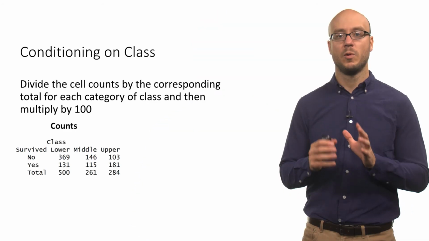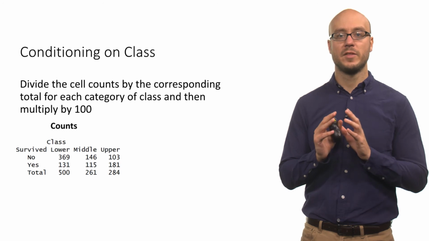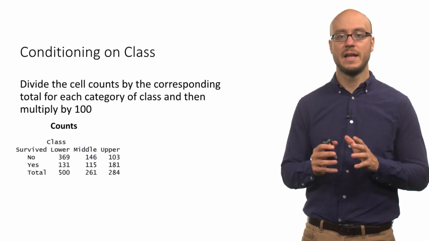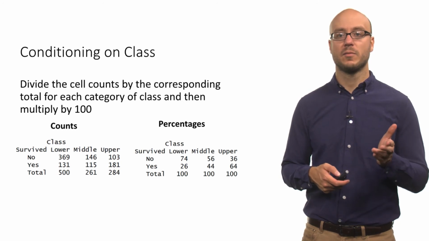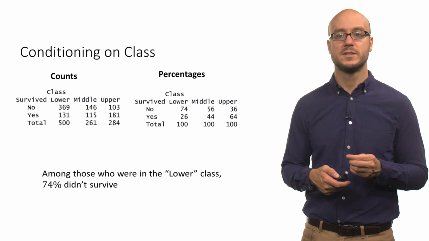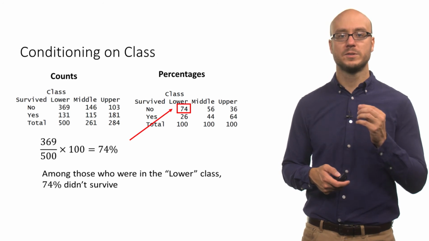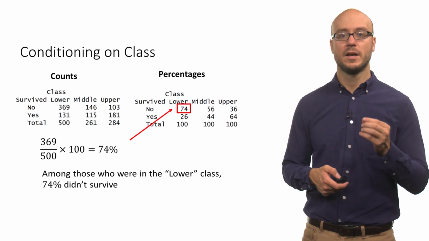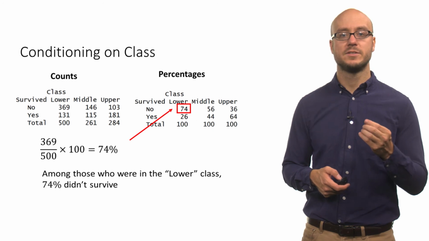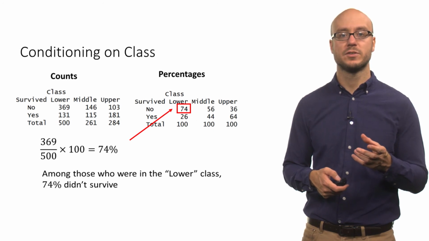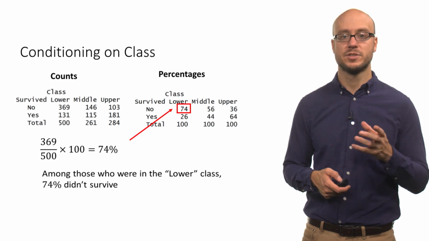Now, a different approach is to condition on passenger class. What we'll do is divide the cell counts by the corresponding total for each level of class and then multiply by 100. This is just converting from counts to percentages. Let's go through a few examples. We'll take the cell count for this particular combination, which is 369, and divide it by 500, the total number of passengers in the lower class.